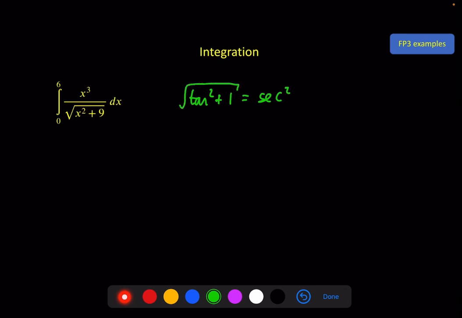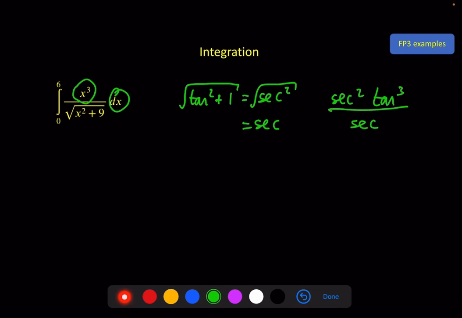So the square root of that is going to be sec. And if I differentiate because of this, that would give me a sec squared on the top. So sec squared over sec. But then I would also have tan cubed here. Oh, it's not looking very nice. Possibly you could do it that way, but I think there's an easier way.